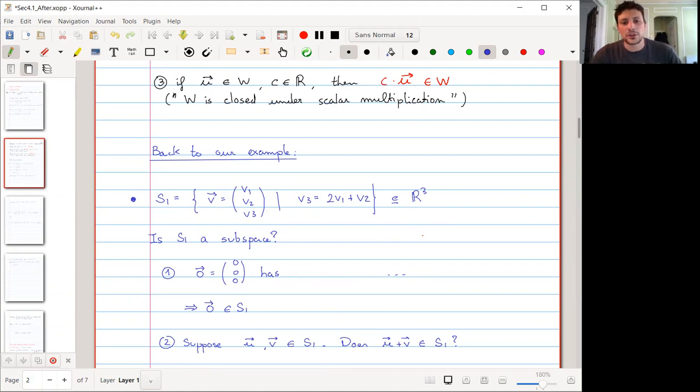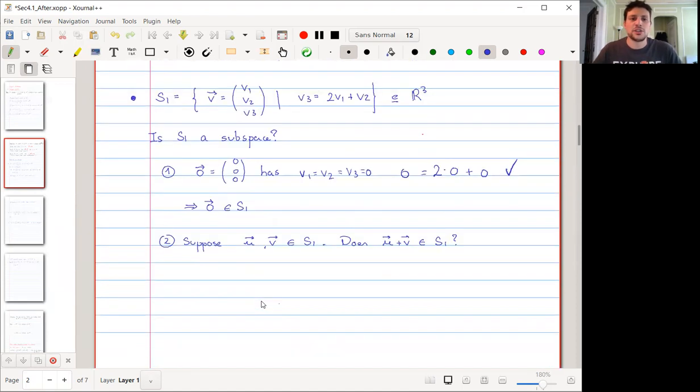So the 0 vector has entries v1, v2, and v3 equal to 0. Let's check that this relation v3 equals 2v1 plus v2 is satisfied for the 0 vector. v3 is 0, which is equal to 2 times 0 plus 0. This is true. We just wrote 0 equals 0. In other words, 0 is a vector in S1.